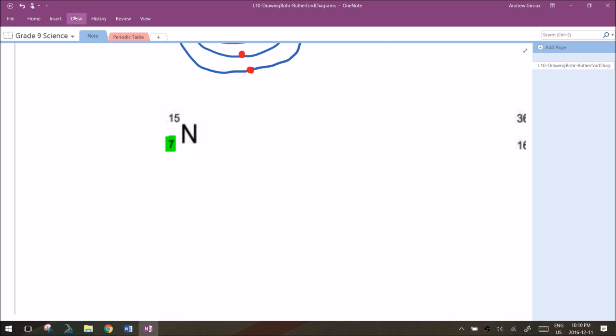There's the atomic number. There's the atomic mass. So if we set up our number of protons, neutrons, and electrons, our atomic number will tell us the protons and electrons. And our number of neutrons will be the atomic mass, subtract the atomic number. So in this case, we're going to get 8.